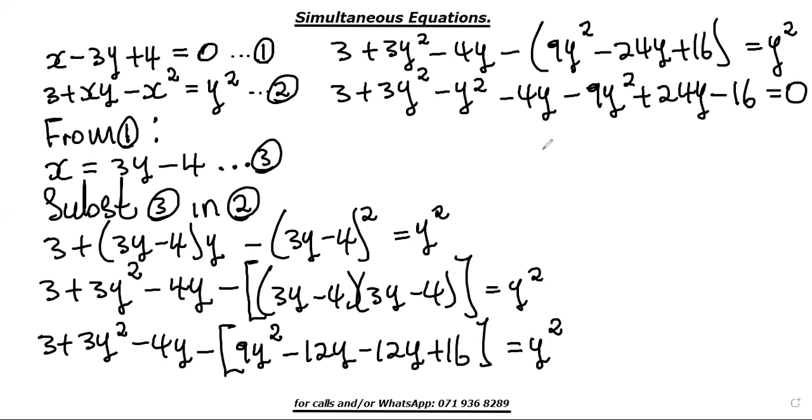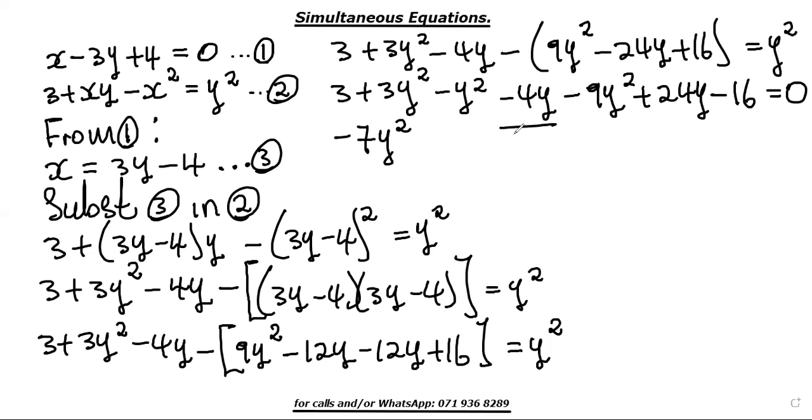Then we collect the like terms. 3y squared minus y squared, it's 2y squared. Then 2y squared minus 9y squared, it's negative 7y squared. Fine. Then we come to the y's.